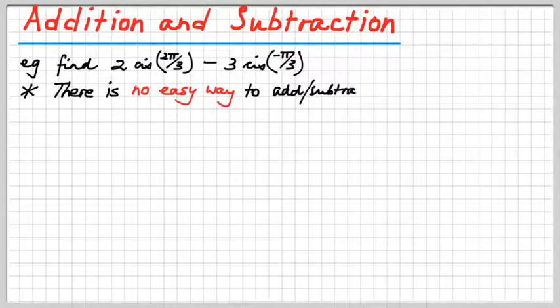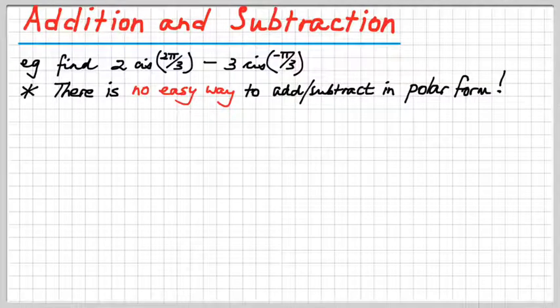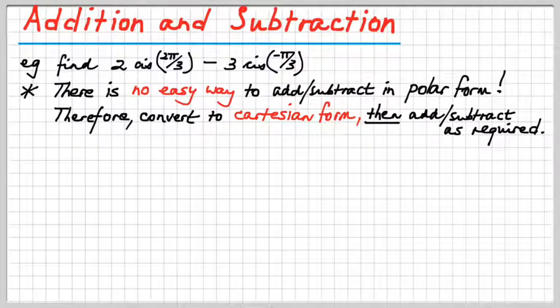There's no easy way to add or subtract in polar form. However, don't worry, just about everything else you can do with them is marvellous in polar form. So it was useful to learn it last time, and you'll find out later in this video it's absolutely fantastic to do when they're in polar form for just about anything else besides addition and subtraction. Therefore, we convert them to Cartesian form, and then we add and or subtract as required.